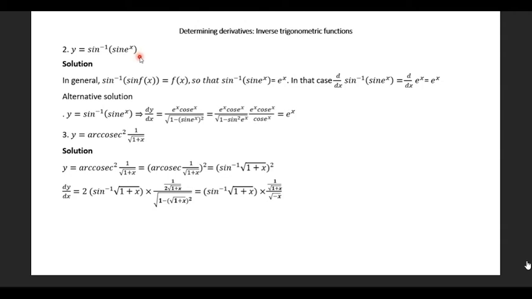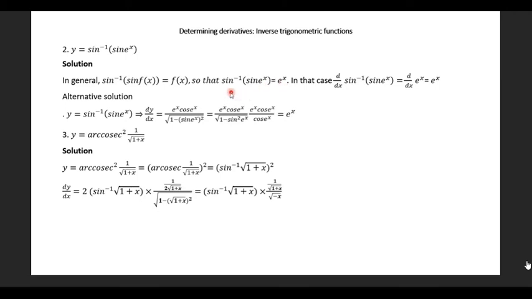What is important for us to know is that if we have arc sine and we multiply it by sine, they are going to cancel out, with the result that arc sine of anything is going to be that thing. So if we wanted to simplify this, arc sine of e to the exponent x is actually going to be e to the exponent x, as you can see.